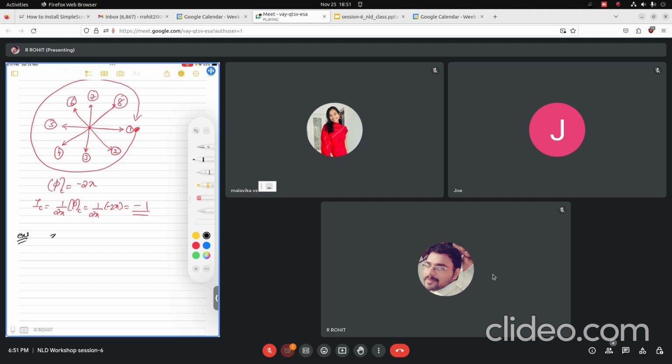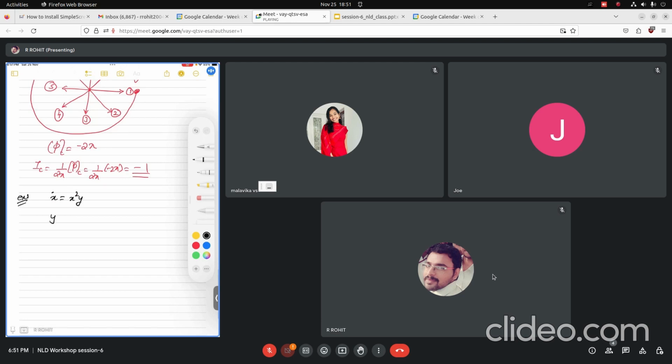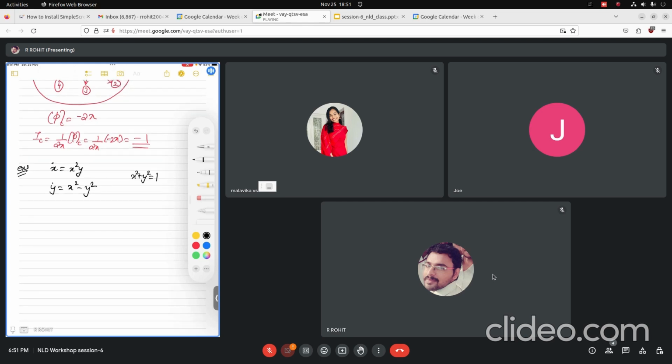So say you have an equation for this vector field, x dot is equal to x square y and y dot is equal to x square minus y square. Say it is given on a unit circle, r equal to 1. Now we need to find the index for this particular vector field. So x dot you know and y dot you know.